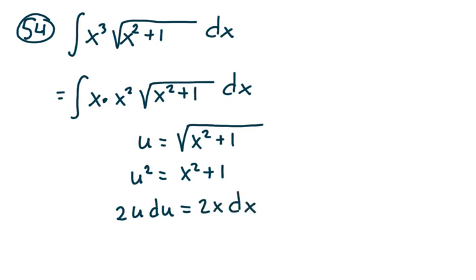I can cancel the 2's and basically say u du is equal to x dx. Does that look okay? Now, if u squared equals x squared plus 1, then x squared is equal to u squared minus 1. Now I have substitution for everything.